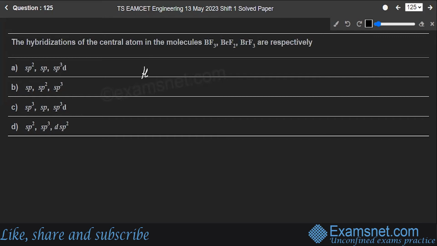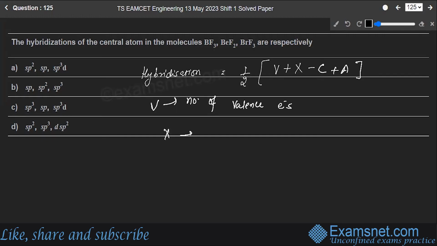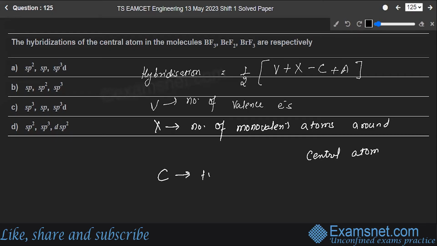Hybridization is given by 1 by 2 (V plus X minus C plus A), where V is the number of valence electrons, X is the number of monovalent atoms around the central atom, C is the positive charge on a cation, and A is the negative charge on an anion.